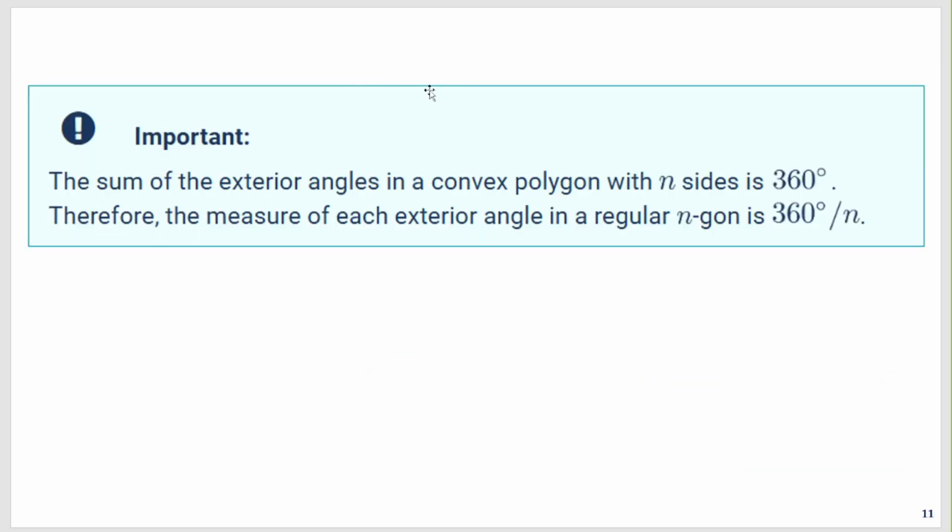In summary, the sum of the exterior angles in a convex polygon with n sides is 360 degrees. And of course, the measure of each exterior angle in a regular n-gon is 360 degrees over n. You get it?